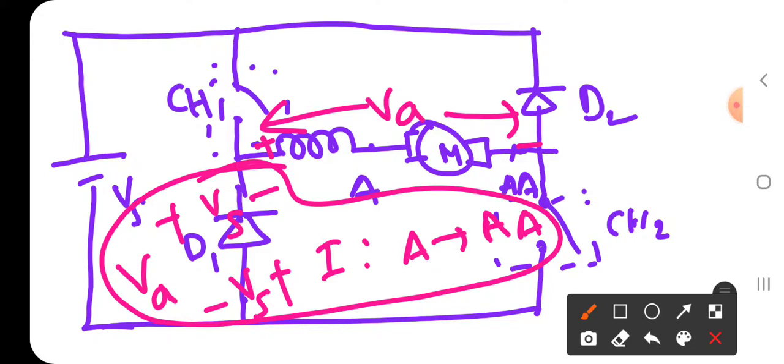The output voltage must be negative, but the output current is positive. Let us see the circuit and observe when this is possible.